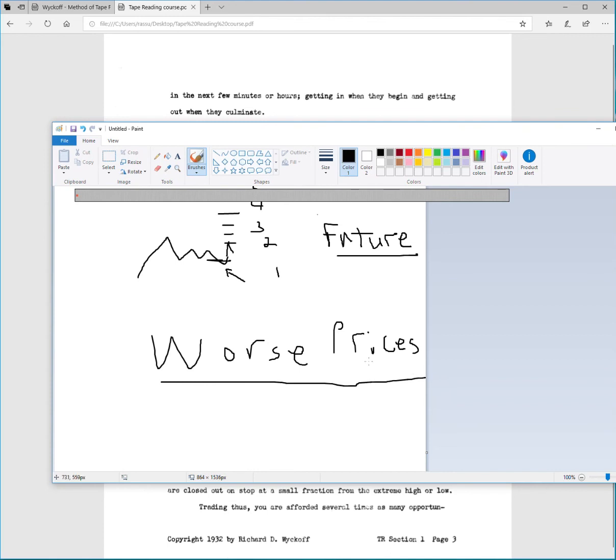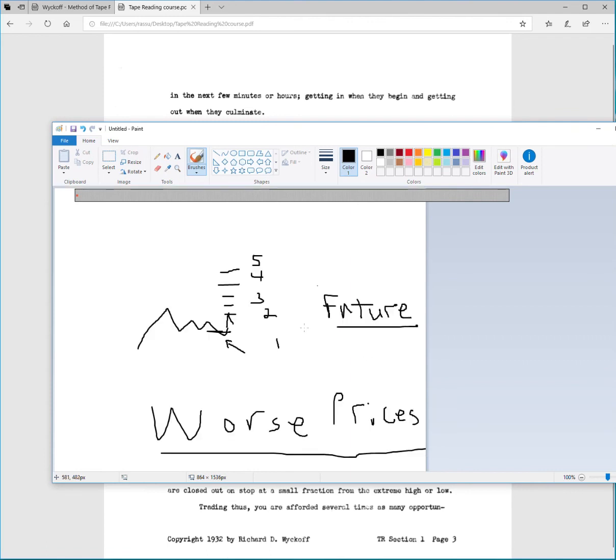Will people buy at worse prices? Will people sell at worse prices than you? Sometimes they will and sometimes they won't, and it's quite rational for them not to. Therefore, you don't know until price goes there to see if they're going to buy at worse prices or not, or sell at worse prices.